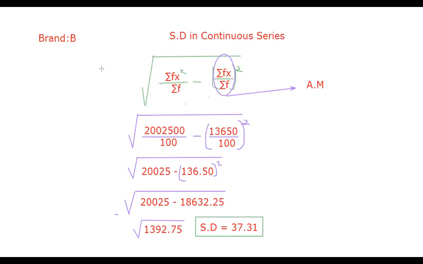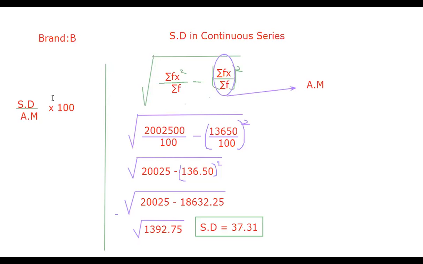The coefficient is standard deviation divided by arithmetic mean into 100. As usual, we know very well. Which one gives higher life? Brand A gives higher life compared to brand B.